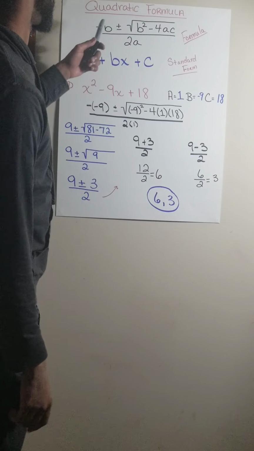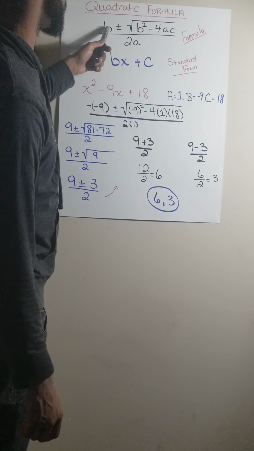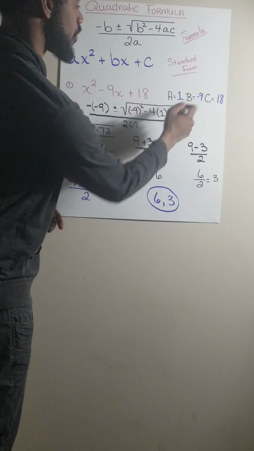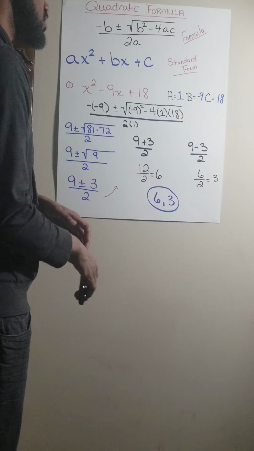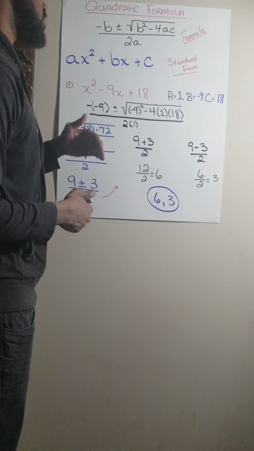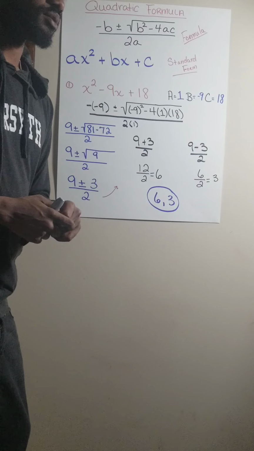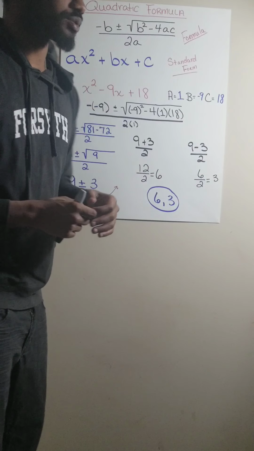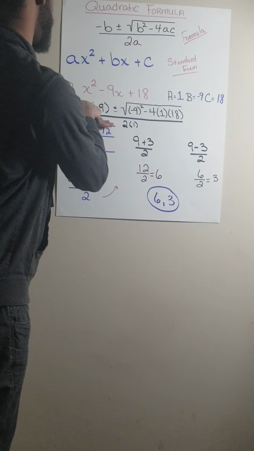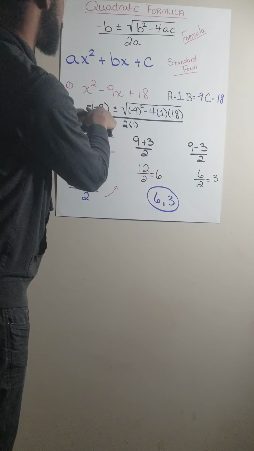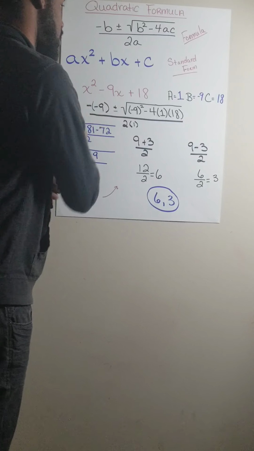So in that formula, we have negative b, and our b is already negative 9. I already know a negative times a negative is a positive, but I want to be 100% sure, so I leave it there. I just plug in negative b, negative 9. So that is negative b right there.